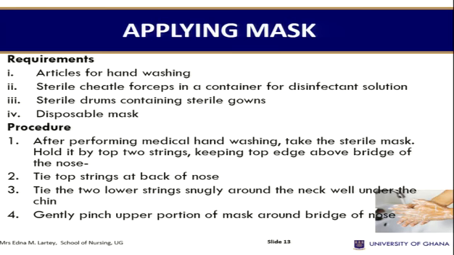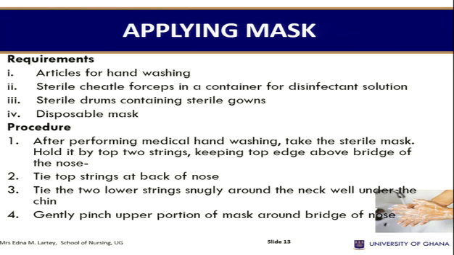What are the requirements for applying masks? You need articles for hand washing, a sterile artery forceps in a container for disinfectant solution, a sterile drum containing a sterile gown, and a disposable mask. For the procedure, after performing medicated hand washing, take the sterile mask.